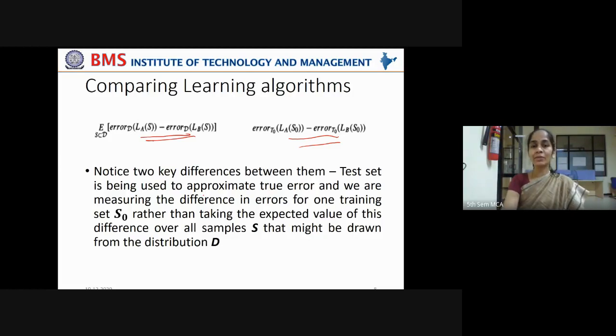The test set is being used to approximate true error, and we are measuring the difference in errors for one training set S naught rather than taking the expected value of this difference over all samples S that might be drawn from the distribution D. So what we are doing here is we are not trying to find out the error on the entire data set. We are dividing it into training set and test set. Okay, and you're training the algorithm on the training set and finding its error on the test set. That is the only difference.